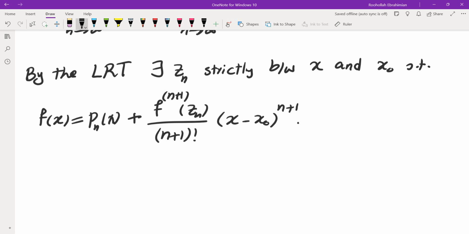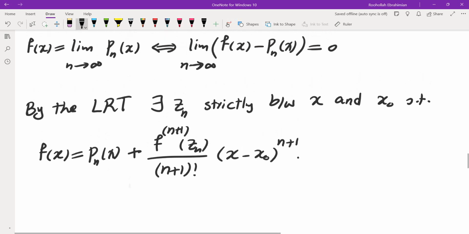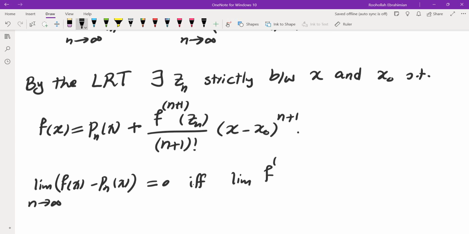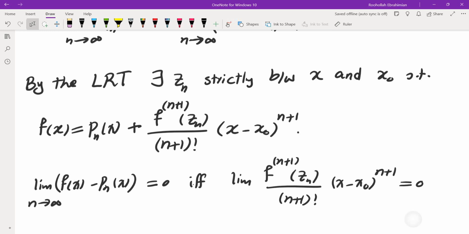Now in order to show the limit of f of x minus Pn of x is 0 as n approaches infinity, it is enough to show that the limit of this fraction, f^(n+1) of Zn over n plus 1 factorial times x minus x naught to the power of n plus 1, is 0 as n approaches infinity.